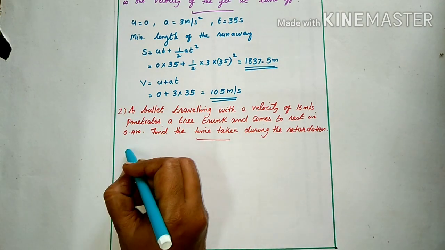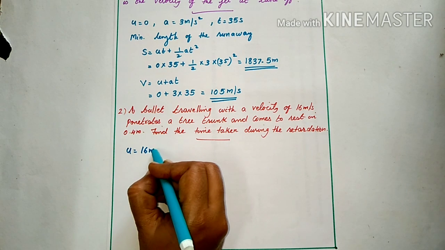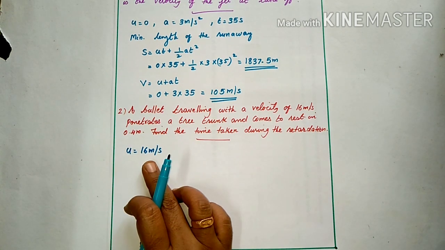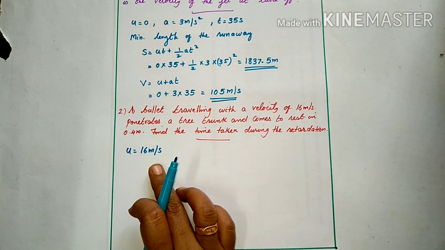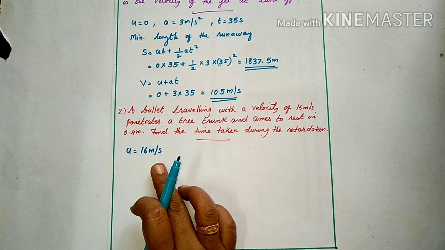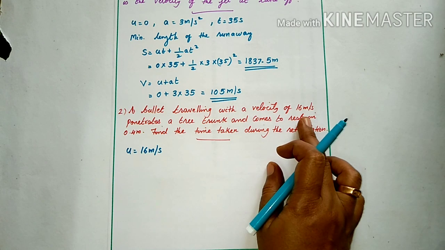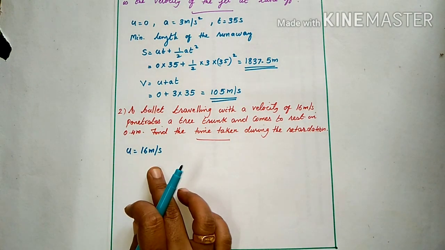That is the initial velocity, u equal to 16 meter per second. Suppose the velocity is given in kilometer per hour, you should convert it into meter per second by multiplying it with 5 by 18. Here it is given directly in SI unit, so we can write u equal to 16 meter per second.